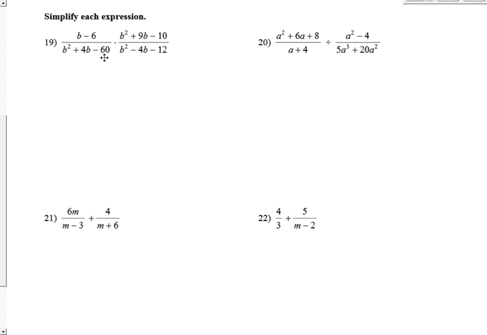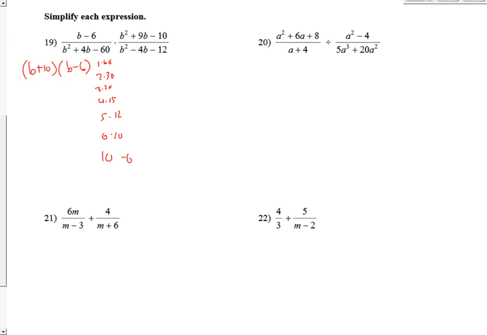So the factors of 60, let's see, 1 times 60, 2 times 30, 3 times 20, 4 times 15, 5 times 12, 6 times 10, and if I subtract 10 minus 6, because I need to subtract, 10 minus 6 is 4. So that's a 10 and a negative 6.